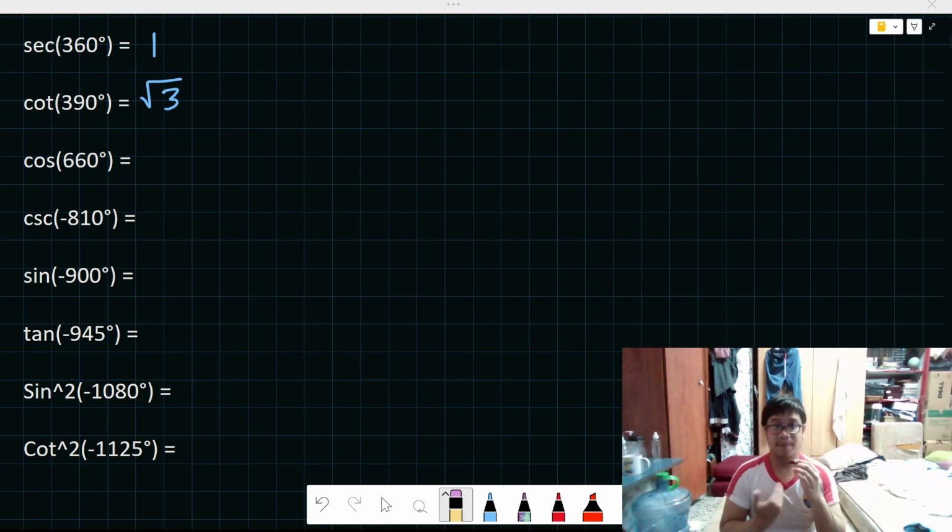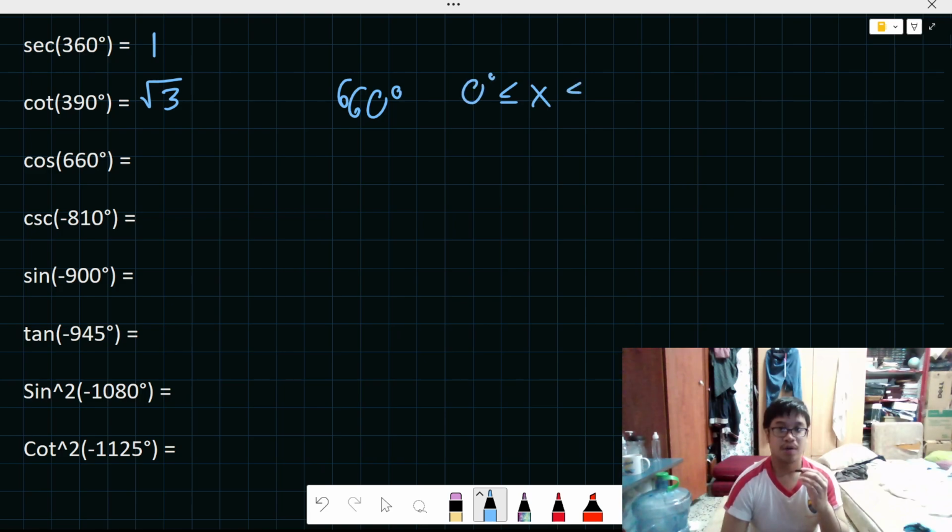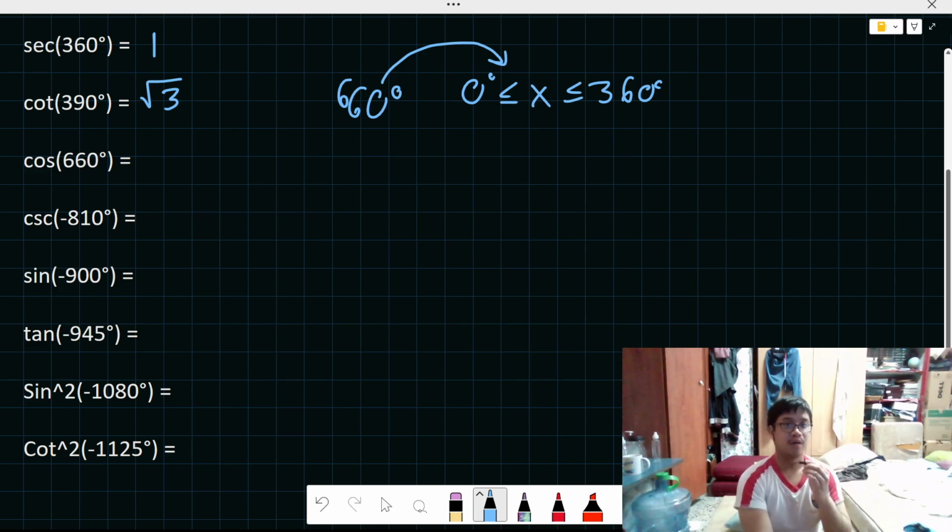But in my case, if I'm going to solve it, I would rather find its coterminal angle between 0 degrees and 360 degrees. Let's find a coterminal angle of 660 degrees in this interval. How are we going to do that?